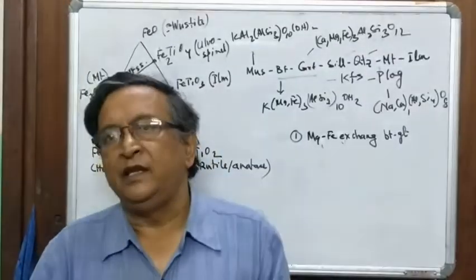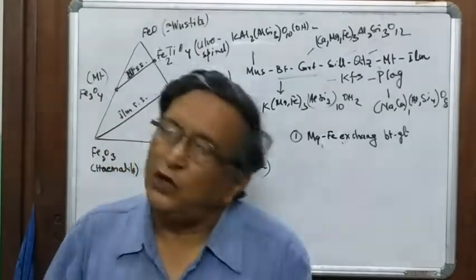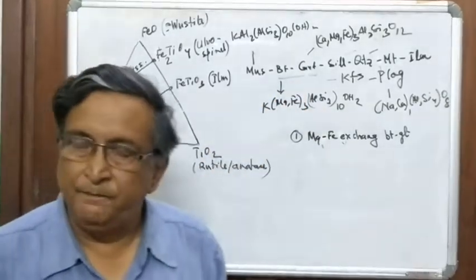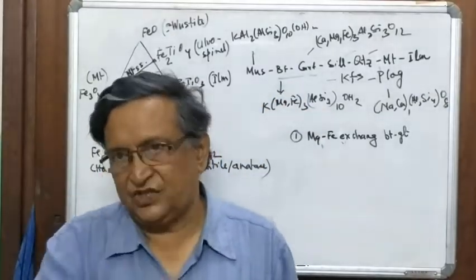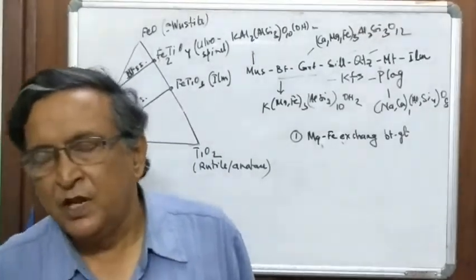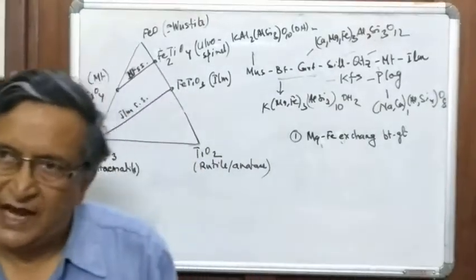So that is why you need a reaction where a large volume change is expected. Now you know garnet, for example, is a mineral which is very dense, so it has a smaller molar volume. So it would be important to involve garnet in the reaction.